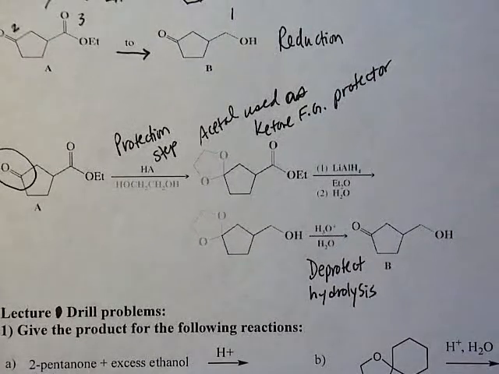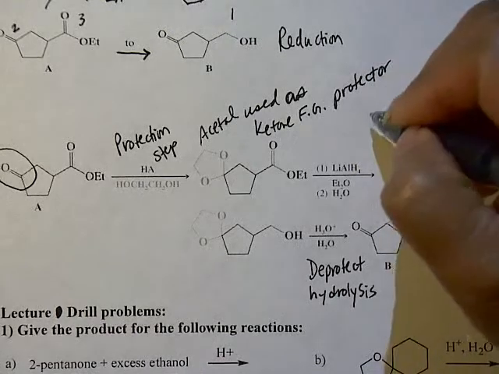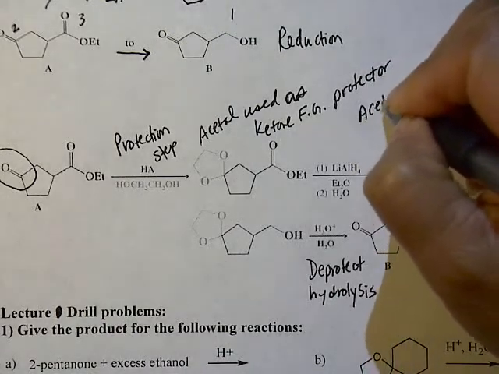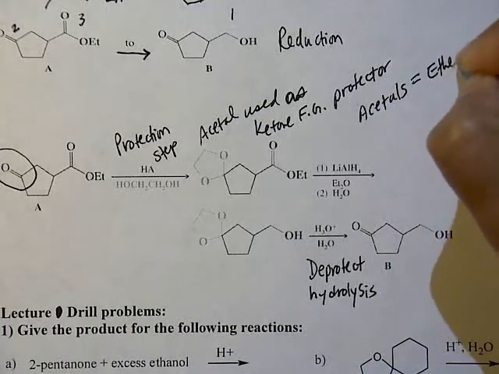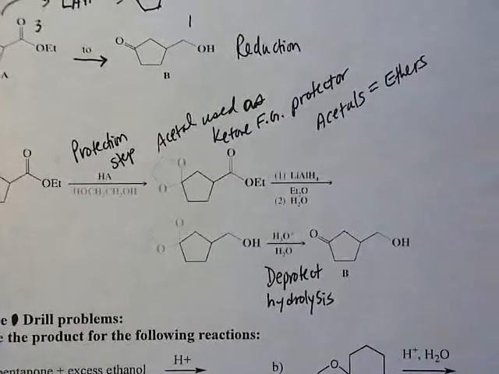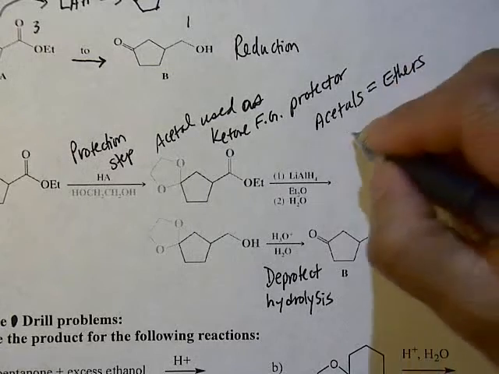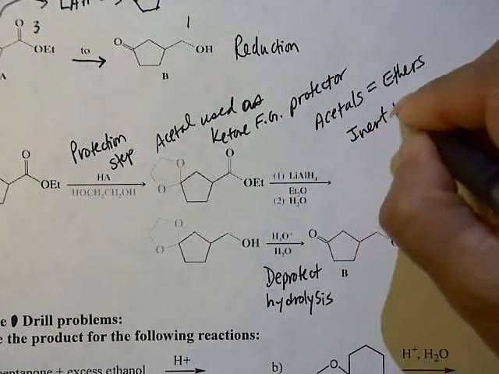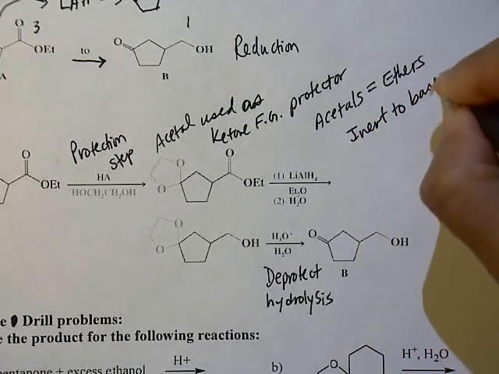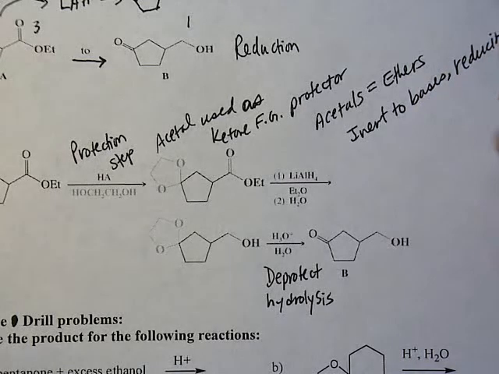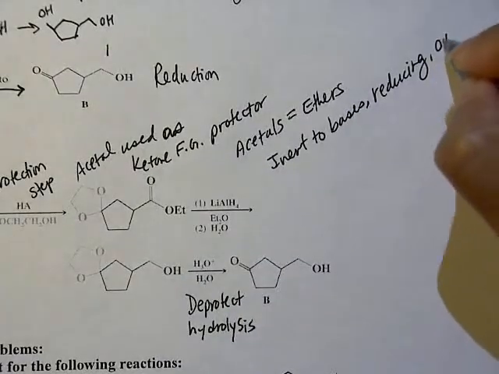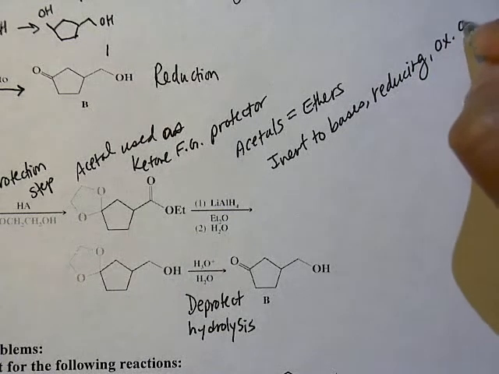All right, and that's what protecting groups do. They protect the functional group. And how does it do that? It's because acetals are essentially ethers. And you know from Chem 114 that ethers are inert to bases, reducing agents, oxidizing agents.